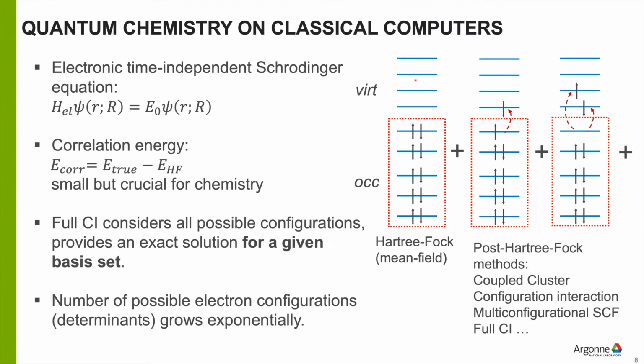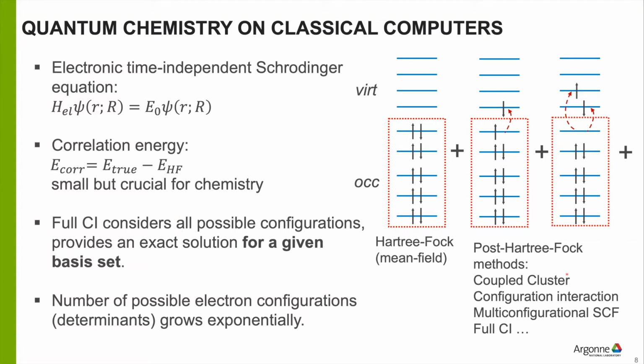And basically, when we talk about higher quality solutions in quantum chemical problems, we need to include not just the Hartree-Fock electron configuration, but also electron configurations where some of the electrons are excited from the Hartree-Fock configuration. And this energy difference between the true value and the Hartree-Fock energy is the correlation energy, which is usually rather small, but very crucial for the chemistry of the system.